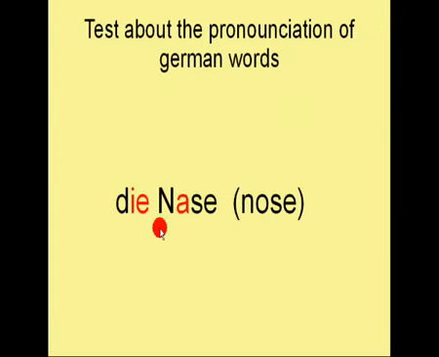Then the letter N is pronounced the same way as in English, but this letter is pronounced differently than in English. Do you remember how? We Germans always pronounce it the same way, and you English people sometimes pronounce it like we do, and sometimes you pronounce it in another way, because you can pronounce one and the same letter in many different ways.